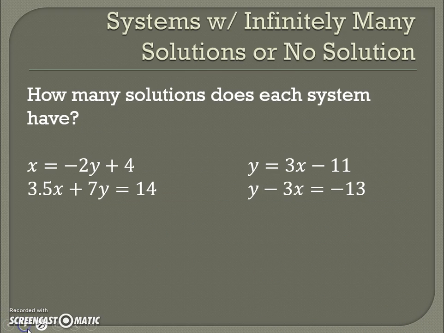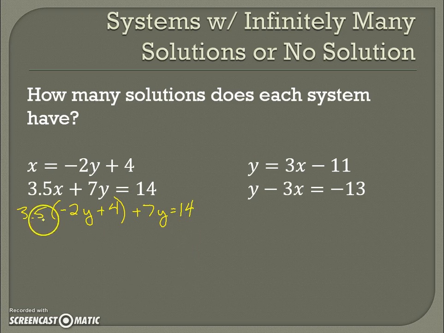Let's keep going here. All right, systems with infinitely many solutions or no solutions. This is what happens if I substitute this one in right here. I'd have 3.5, and then I'm going to substitute negative 2y plus 4 plus 7y equals 14.